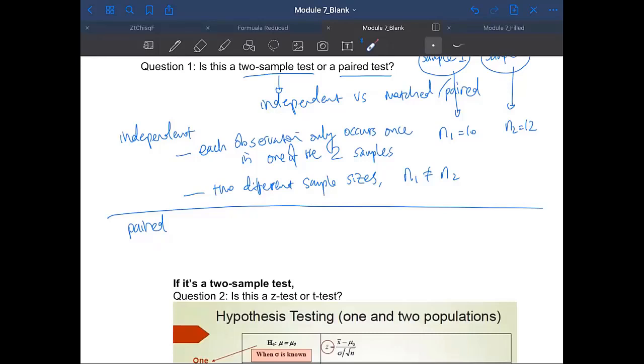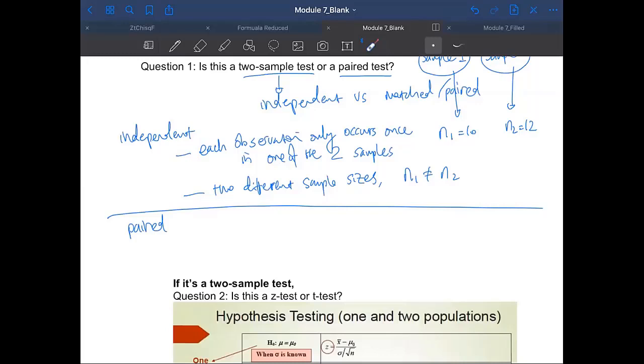Are we talking about the cholesterol level of one individual across two different time periods, right? Okay, excellent. So I'm going to go to each individual and collect the two observations. Maybe the cholesterol level 5 years ago, and then the cholesterol level of this year. So I'm collecting information from the same individual, even though it's across time.